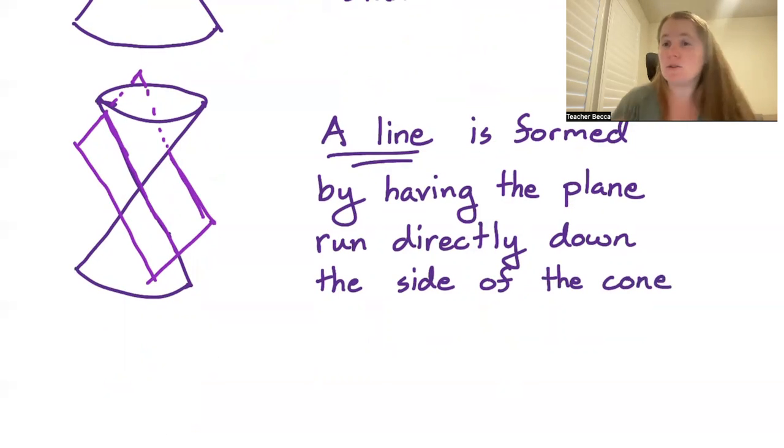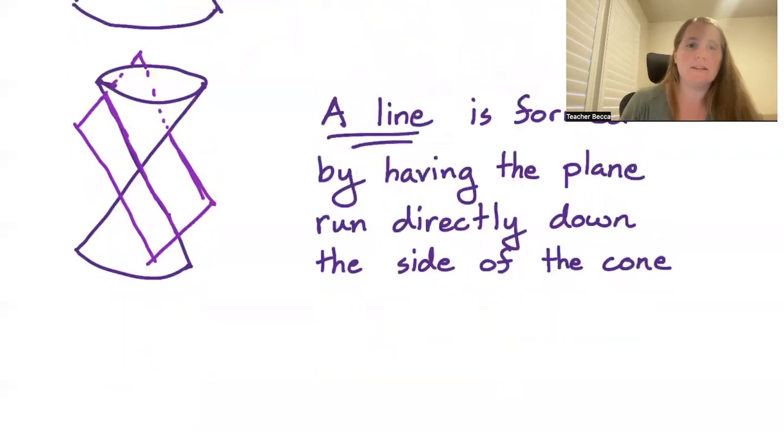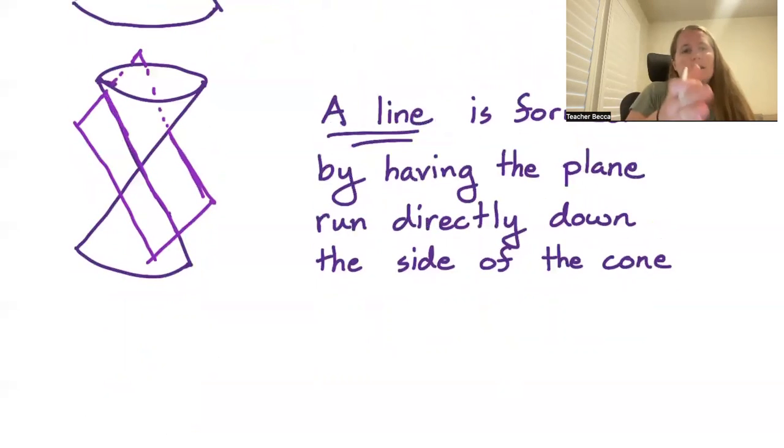We can get two crossing lines if we, say, take something that goes straight down through the point.